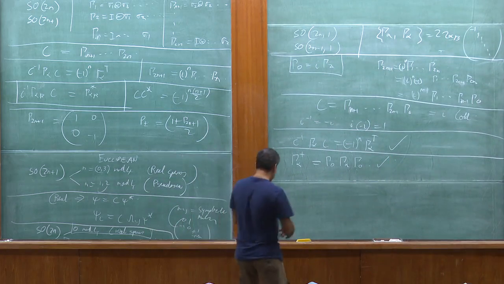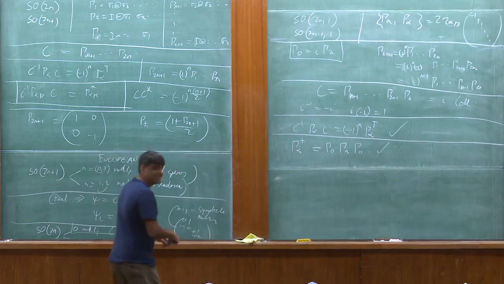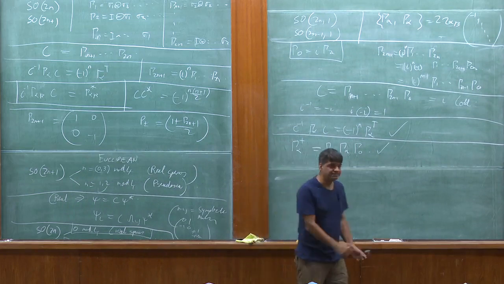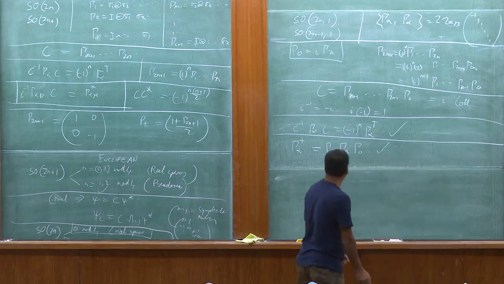Okay? So now we can use this equation to understand what we get with stars. Okay? So gamma alpha dagger is equal to gamma star transpose, or gamma transpose star.